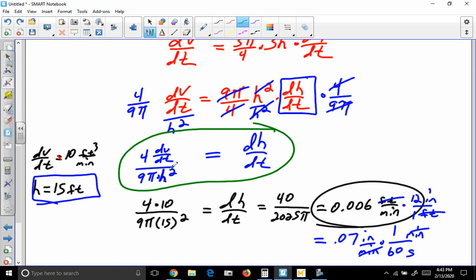The bigger number we divide by, the smaller this gets. So when our height is, let's say 1, we're growing at 1 rate, but as our height gets taller, then the rate at which the height is changing is slowing down. By the time h is 10, 15, 20, we're dividing by a significantly larger number. Think about if h is 20, 20 squared is 400, we're dividing all that by 400 times 9 pi. So the rate at which the height is changing is getting pretty slow.